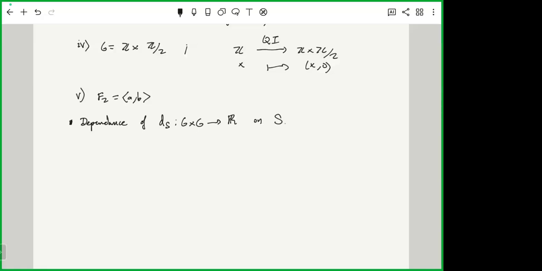So I have a finitely generated group, and I want to associate it with a metric. The way I do it is I choose a finite generating set, the Cayley graph, and then this distance. So there is some choice here.